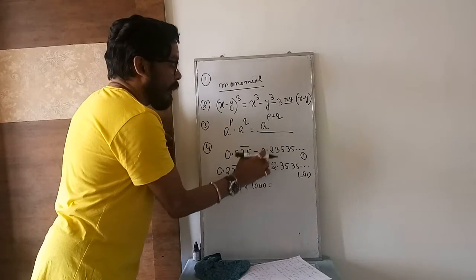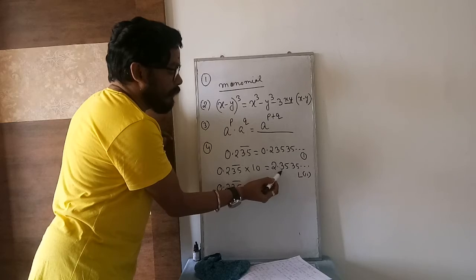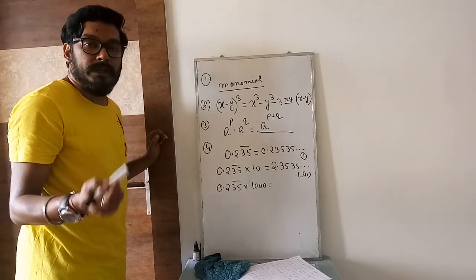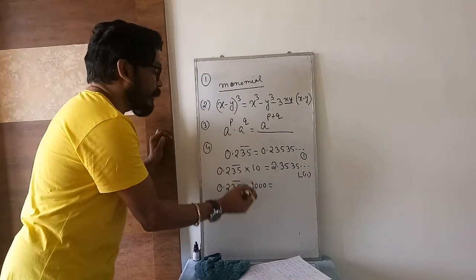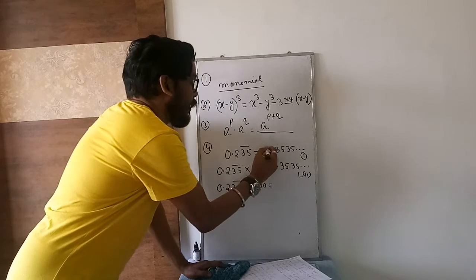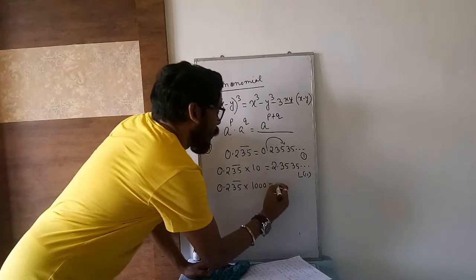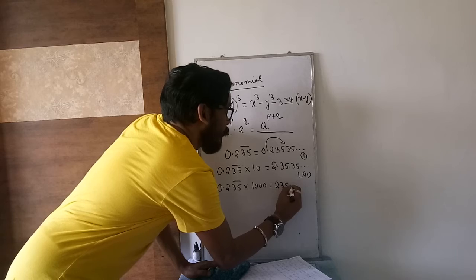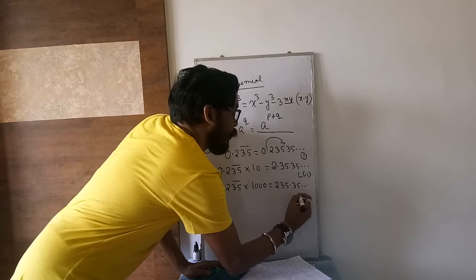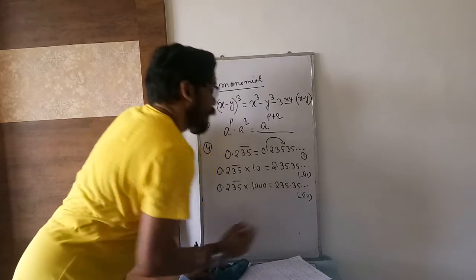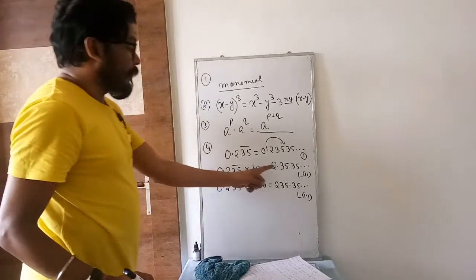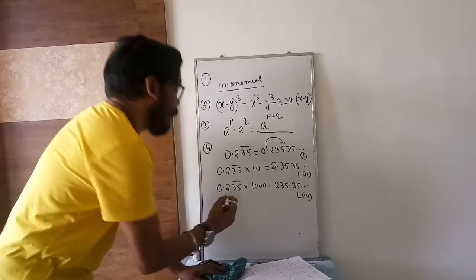Here after the decimal it is 2 and here after the decimal it is 3. It is not the same, so I have to multiply further. Here there are 3 digits, so I multiplied by 1000. Now the decimal will shift 3 digits and it becomes 235.35, equation 3. So now it is the same: after the decimal 35, after the decimal 35.